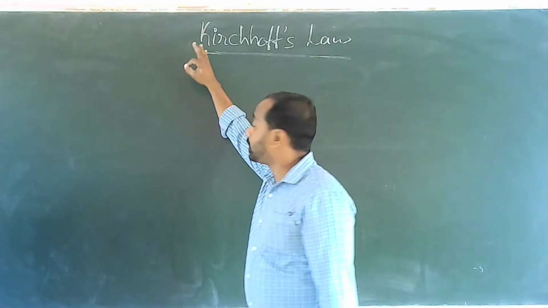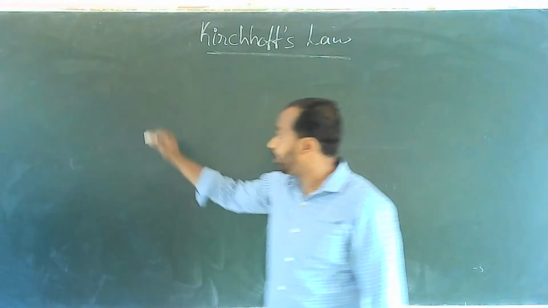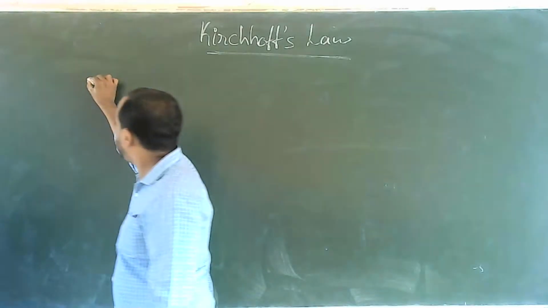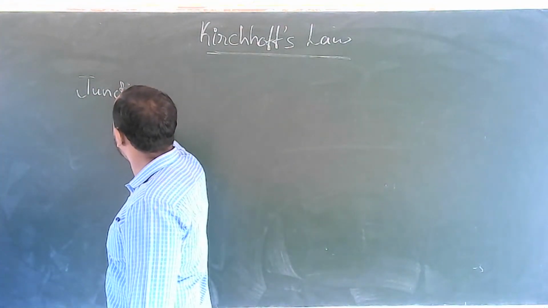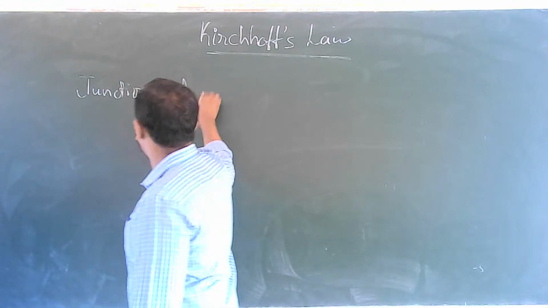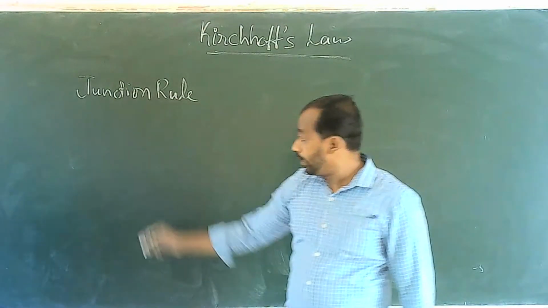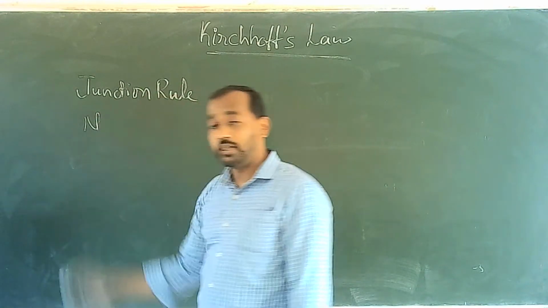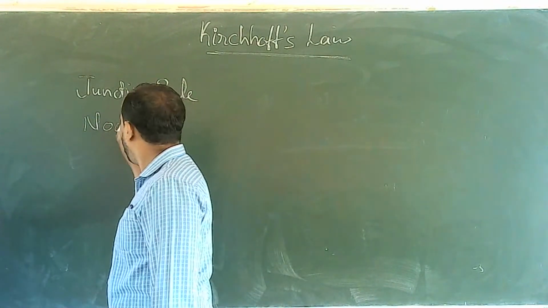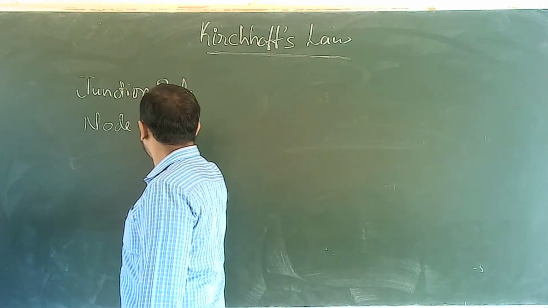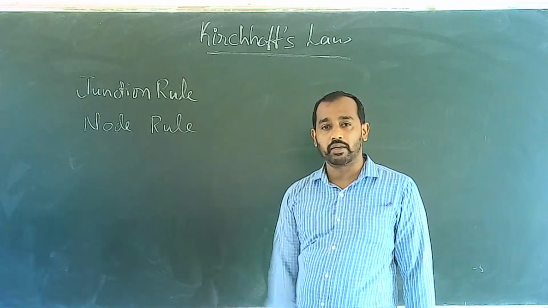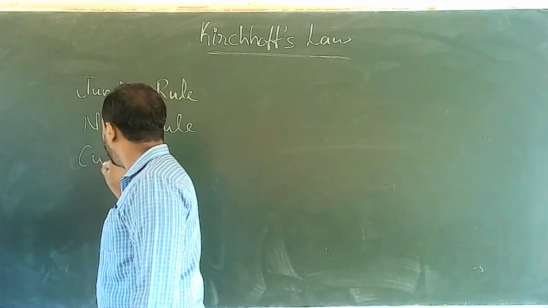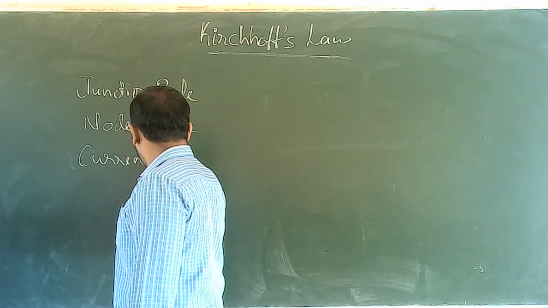Here, the first law which is proposed by Kirchhoff is known as Kirchhoff's junction rule, or it is also known as Kirchhoff's node rule, or it might also be known as Kirchhoff's current law.